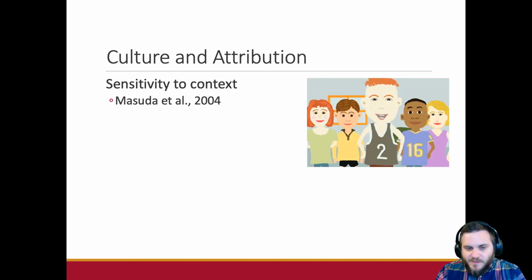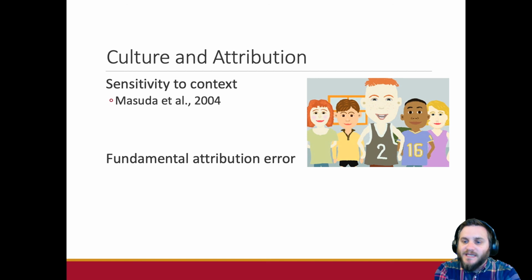Generally speaking, dispositionalism is far more common in individualistic cultures than collectivistic ones. So while the FAE is present in Eastern cultures, I want to say there's not a shadow of a doubt that this is a human universal. It is much less pronounced in Eastern cultures.